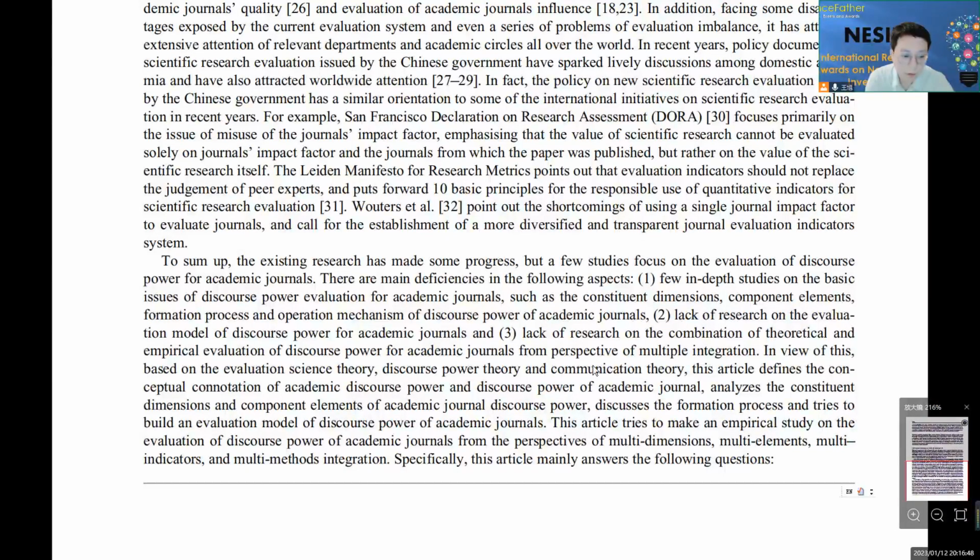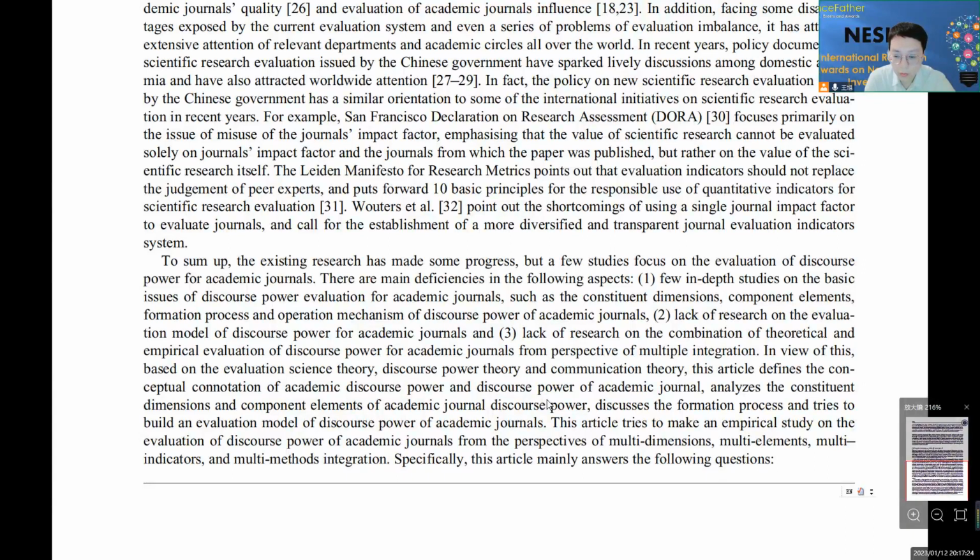In view of this, based on the evaluation science theory, discourse power evaluation theory, and communication theory, this article defines the conceptual connotation of academic discourse power and the discourse power of academic journals, analyzes the constituent dimensions and component elements of academic journal discourse power, discusses the formation process, and tries to build an evaluation model of discourse power of academic journals.